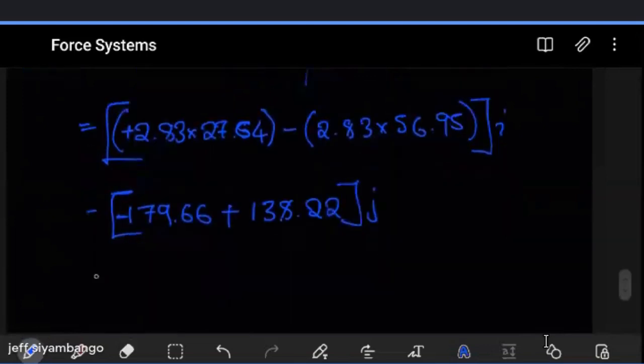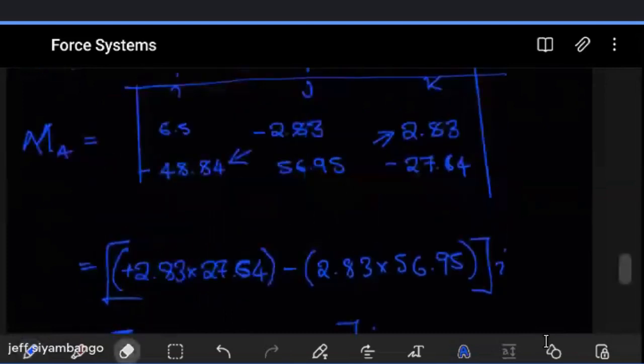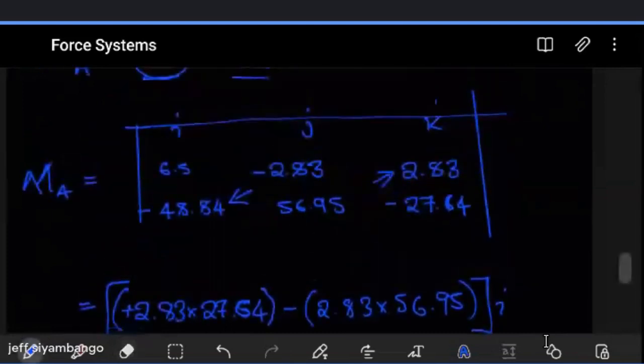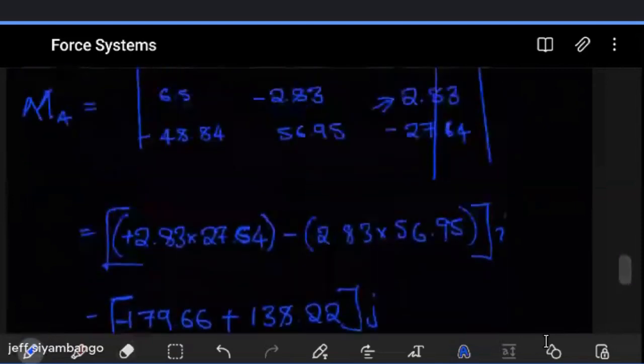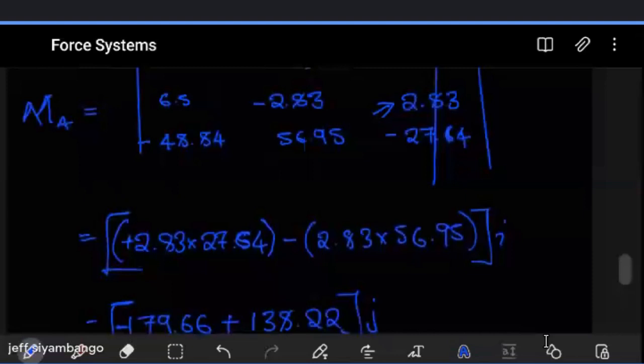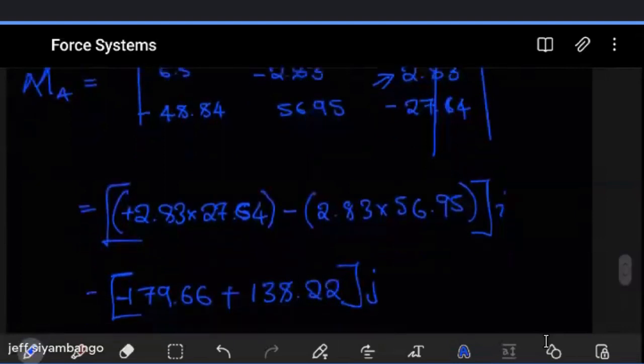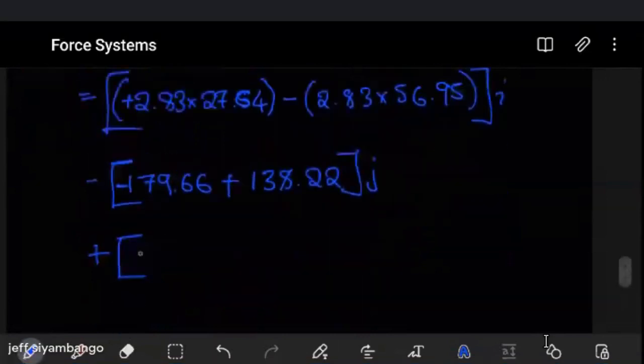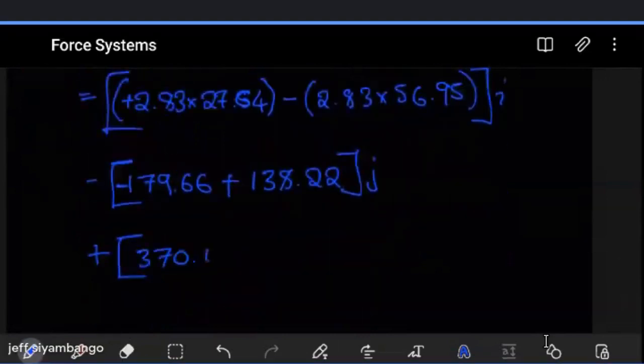The last one is a plus. Now we are focusing on the K line, so it's this that we are forgetting for now, and just looking at these two. The first part is 6.5 multiplying 56.95. What are we getting there? 370.18.